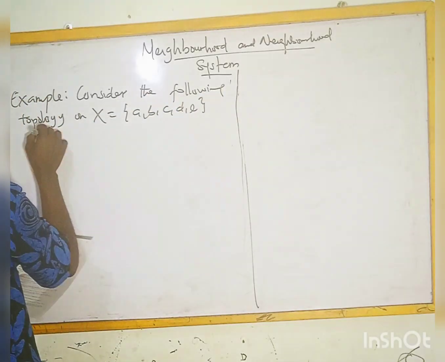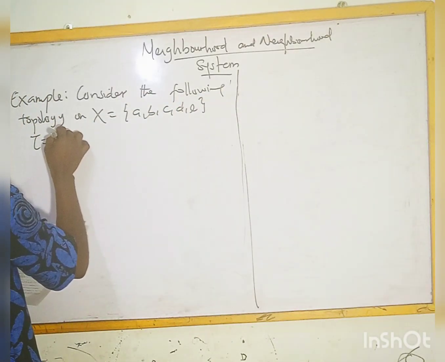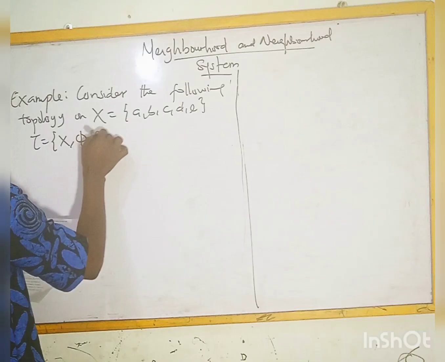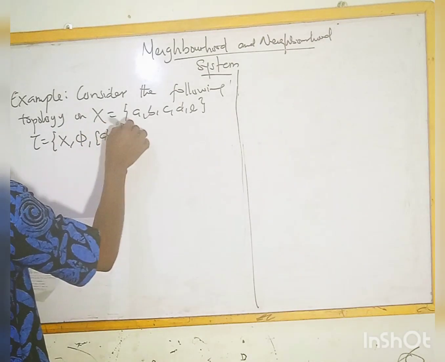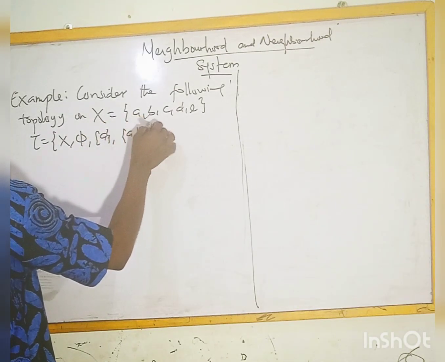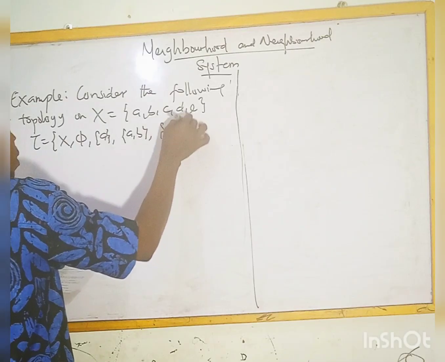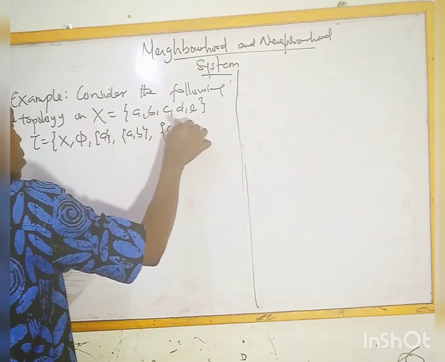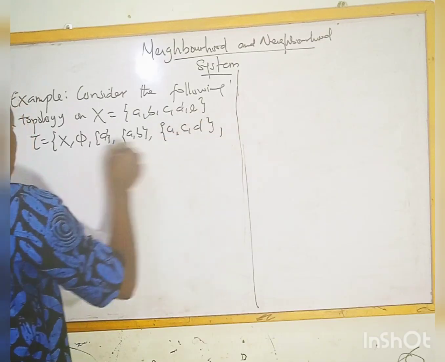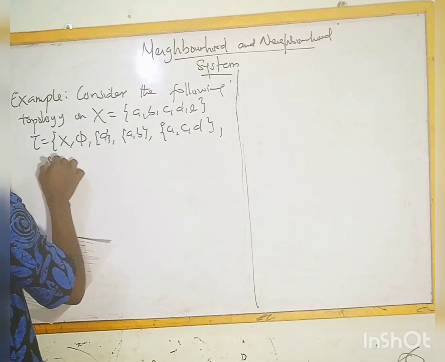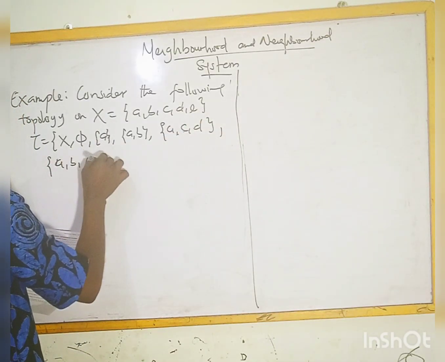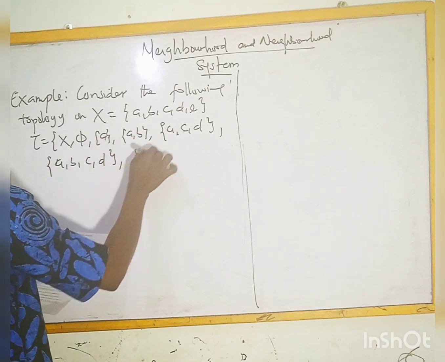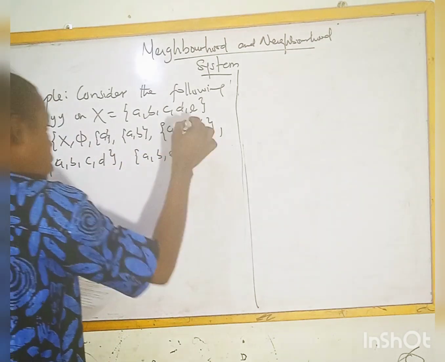I have a topology to be the set X, empty set, A, AB, ACD, ABCD, and ABE.